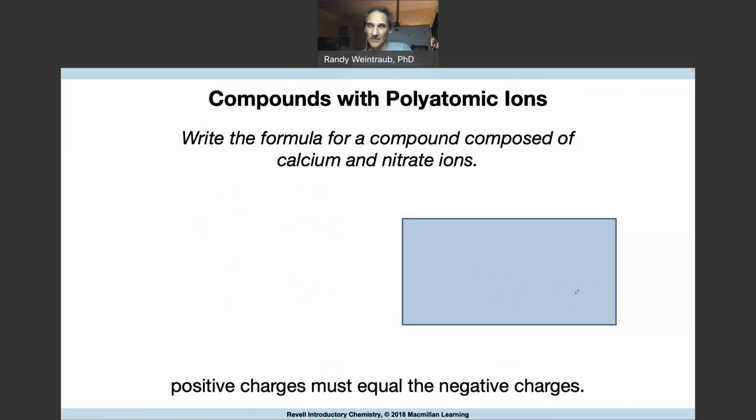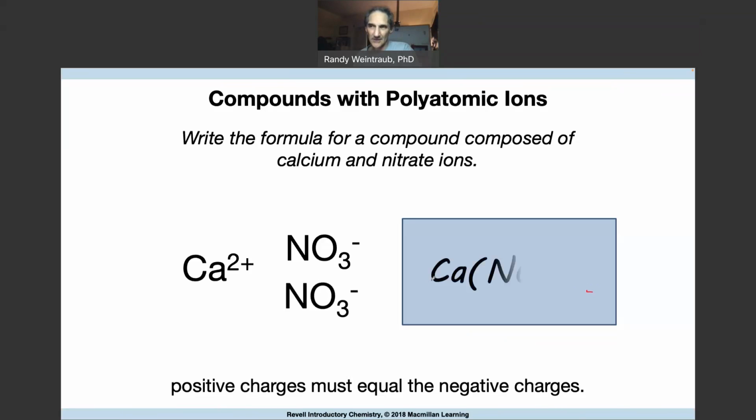For example, predicting the formula unit that will form with calcium cation 2+, and nitrate. We write the formula as calcium nitrate, 2 nitrates, and we put parentheses around it so it can be read without confusion.